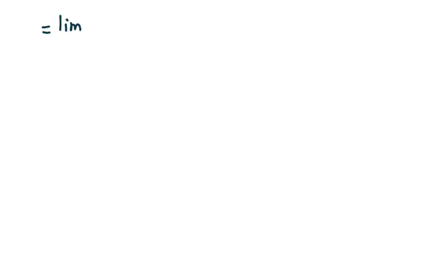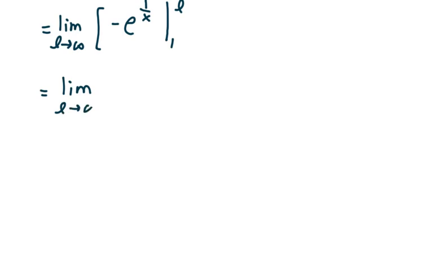So this is the limit as L goes to infinity of negative e to the 1 over x evaluated from 1 to L. Pop the L in. I get the limit as L goes to infinity of negative e to the 1 over L minus negative e.